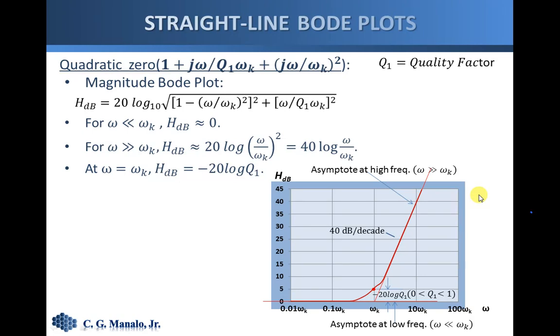So as you can see, at omega equals omega k, the value of H dB is not equal to 0, but it is negative 20 log Q1. This would be for values of Q1 that are between 0 and 1.